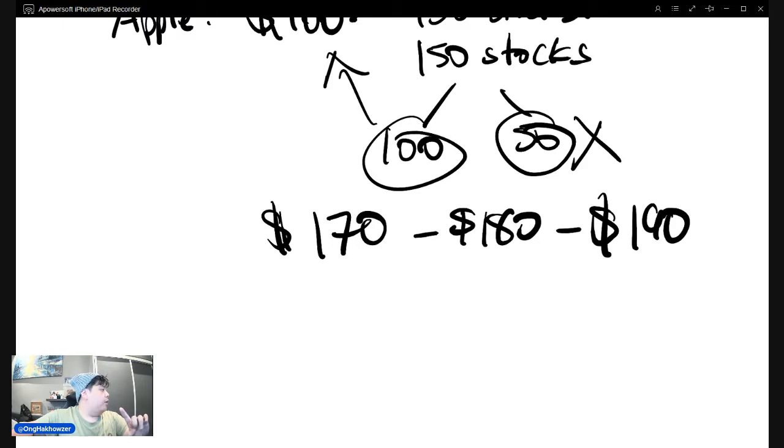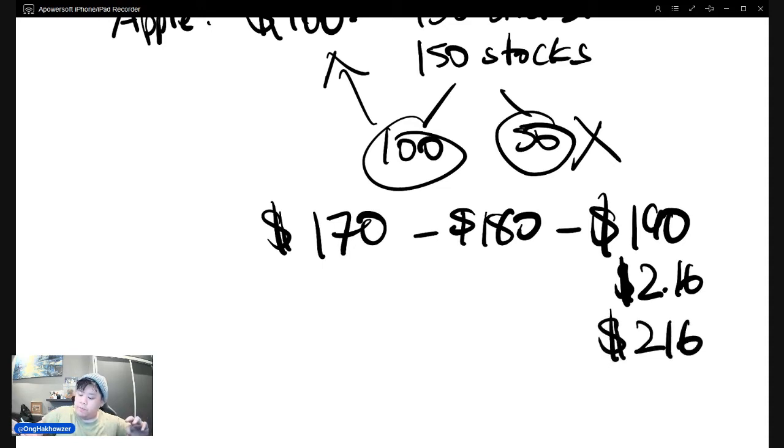All right, if I am going to be doing a far out call for Apple, let's call it by May of 2022. Let's do Apple at 190, okay? 190 at the moment per contract, you will be getting $2.16 per contract, which means that this would be $216 per call, essentially.